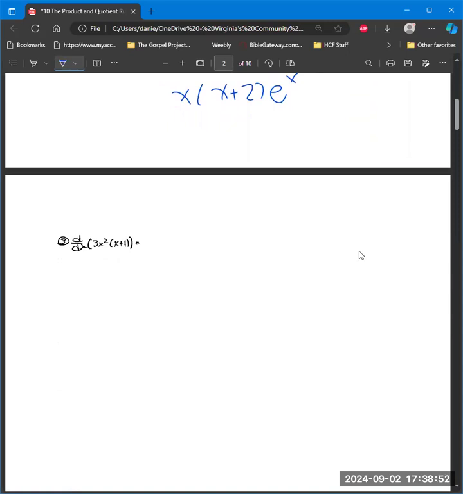All right, so we have a couple options on this one. We could expand it and use the power rule. Let's see what that would look like if we did that. So it turned into 3x cubed plus 3x squared is going to be 3 times 3 is 9, plus 2 times 3 is 6x. So let's check and see if we can get that with the product rule.